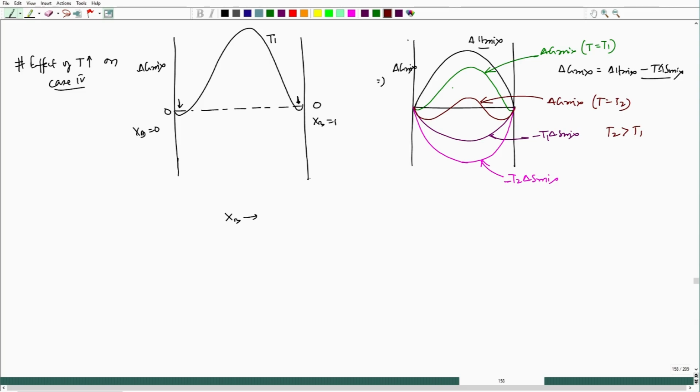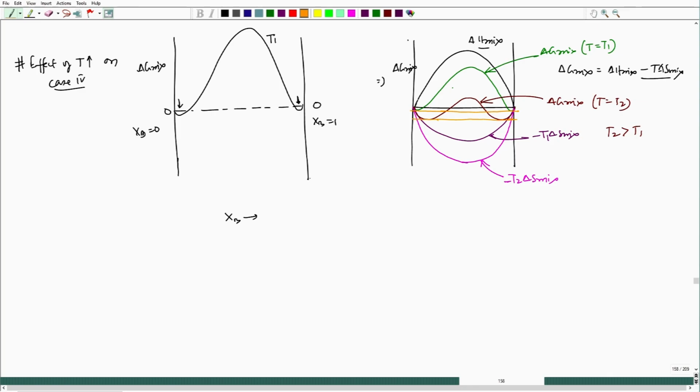So, if I try to look at equilibrium phases between the two minima points of the delta G mix plot, one equilibrium will be set up here. This is the common tangent. The other common tangent I can have for T 2, this one.